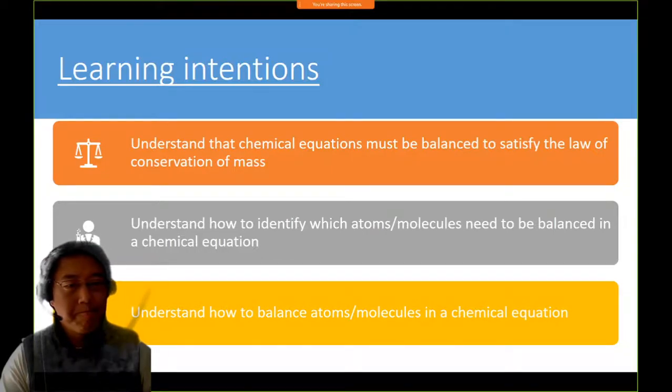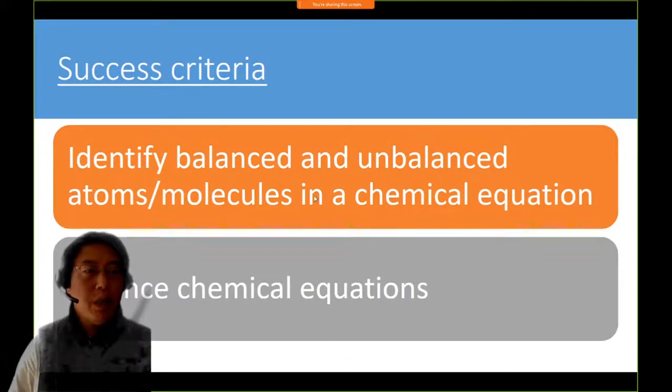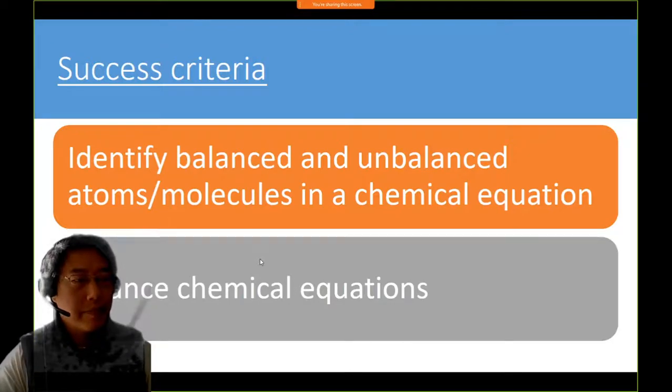Okay? So the success criteria after that is you should be able to identify balanced and unbalanced atoms and molecules in a chemical equation, and finally to balance chemical equations.